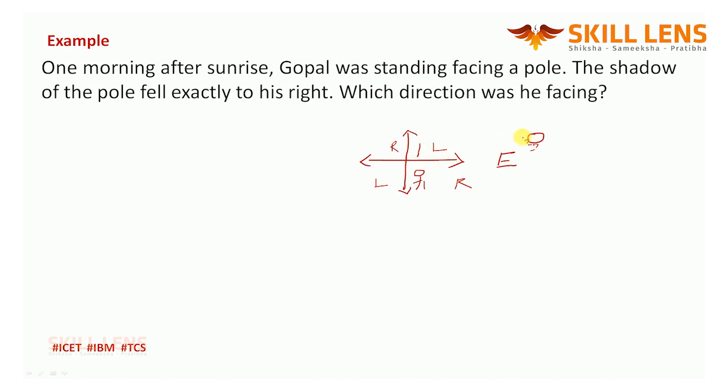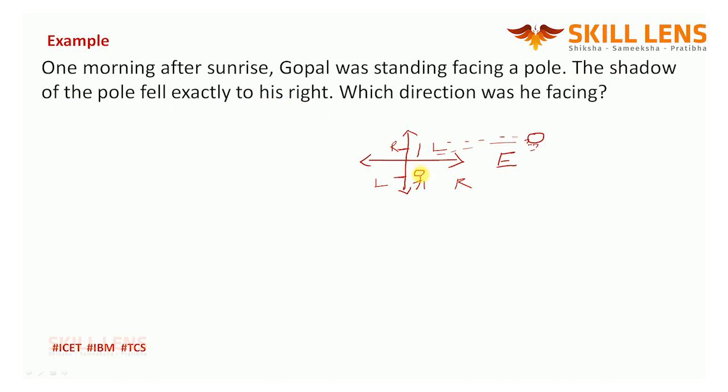When the sun is coming like this, the pole's shadow will be here, on the left side of Gopal. But the shadow of the pole falls exactly on his right. So what is happening now?